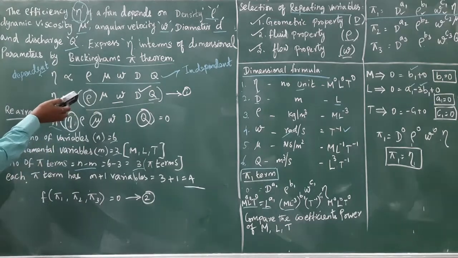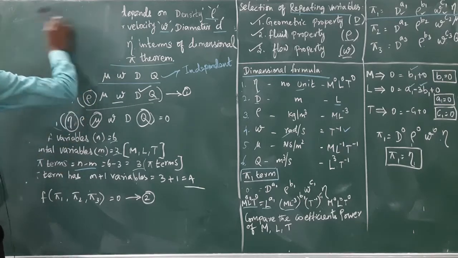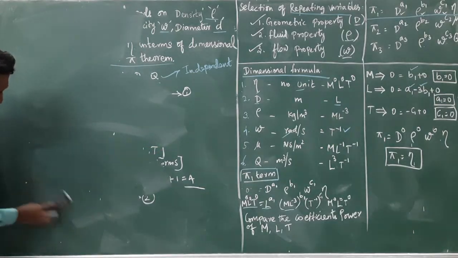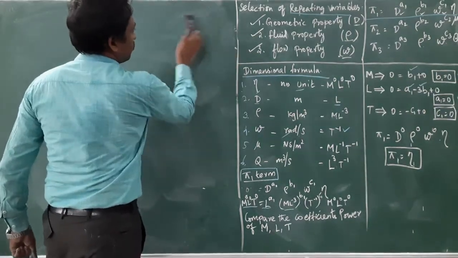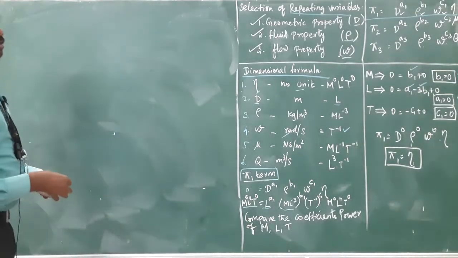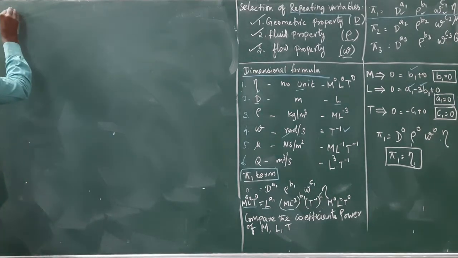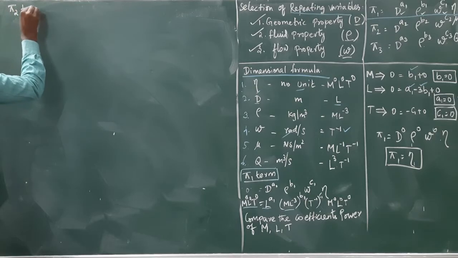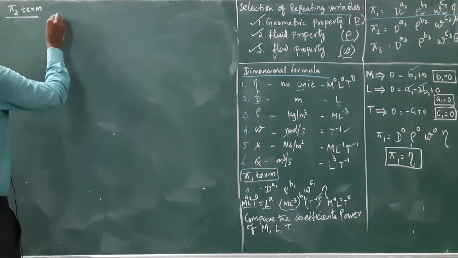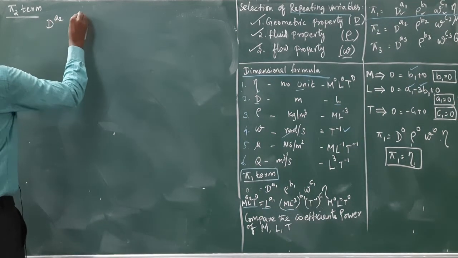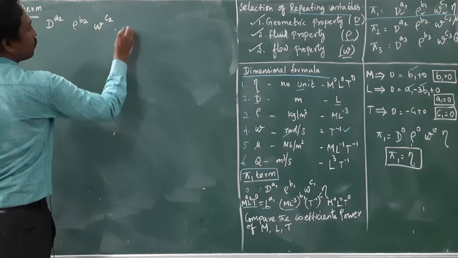Next, similarly, we need to find out the pi 2 term and pi 3 term. So what is the pi 2 term? d power a2 rho power b2 and omega power c2 into mu.